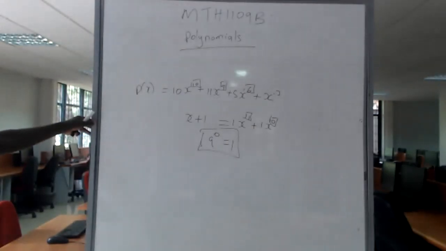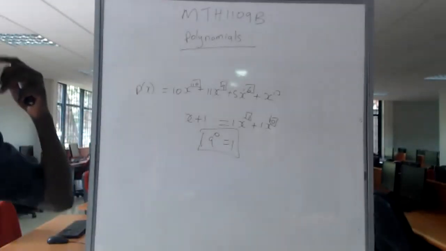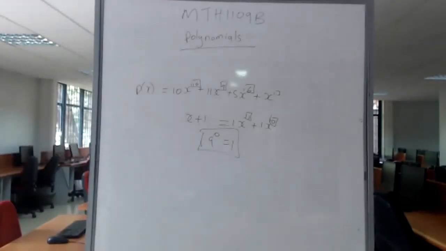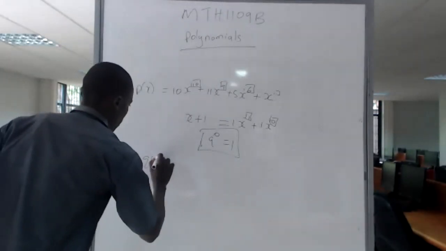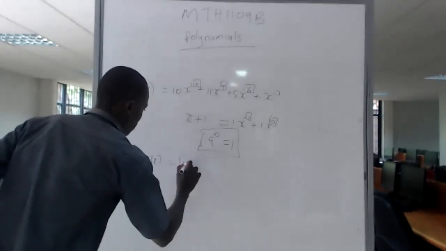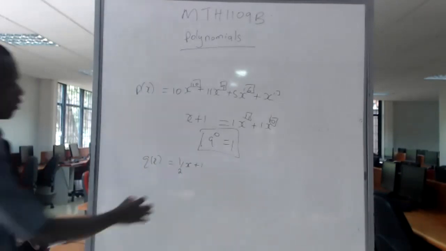We can proceed. Sorry, I have one question. Can the coefficient be a fraction? The coefficients can be a fraction, yes. So if you have a polynomial, let's say I have x plus 1. This is a polynomial, and the coefficient is a fraction.